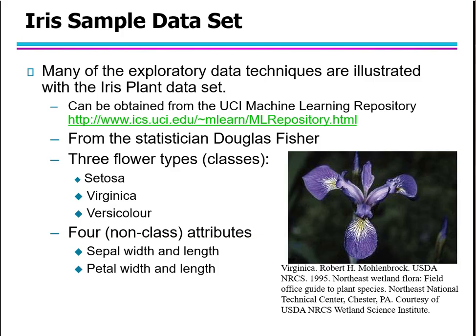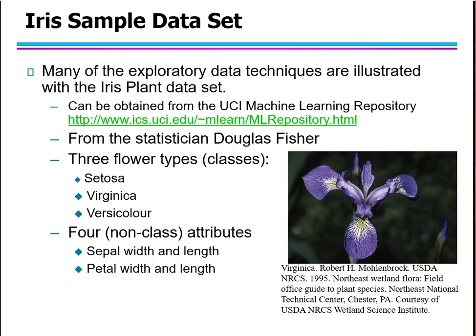Iris sample dataset. Many of the exploratory data techniques we will discuss today will be illustrated using the iris plant dataset. This dataset can be obtained from the UCI machine learning repository at the URL shown here.